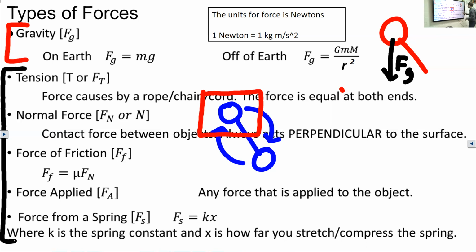So the answer is, yeah, there's only the string. So we've got the string, which is a tension force, and that's it. No other crazy forces that you have to add to this list. You know you have all the forces because you've considered gravity and you've labeled all the things touching it. Those are the only two kinds of forces you could have in any AP problem.